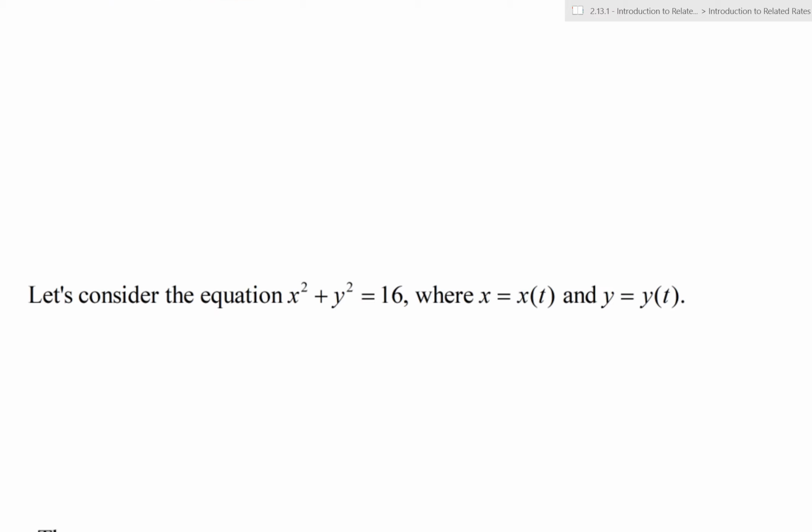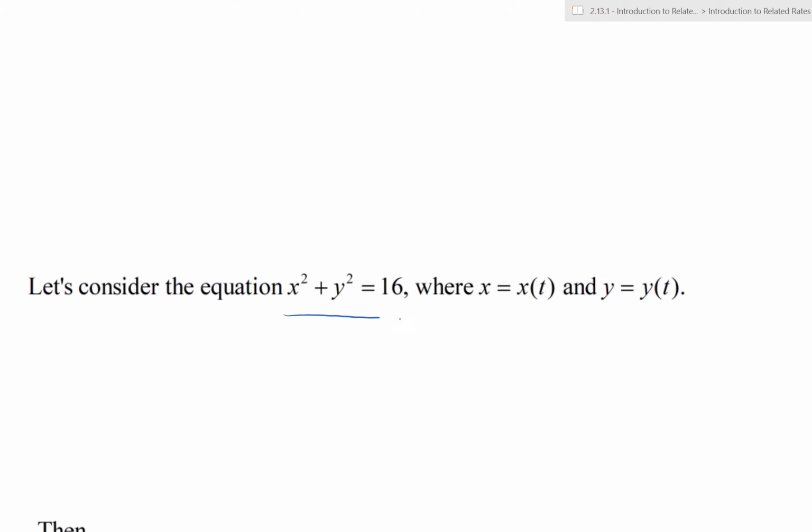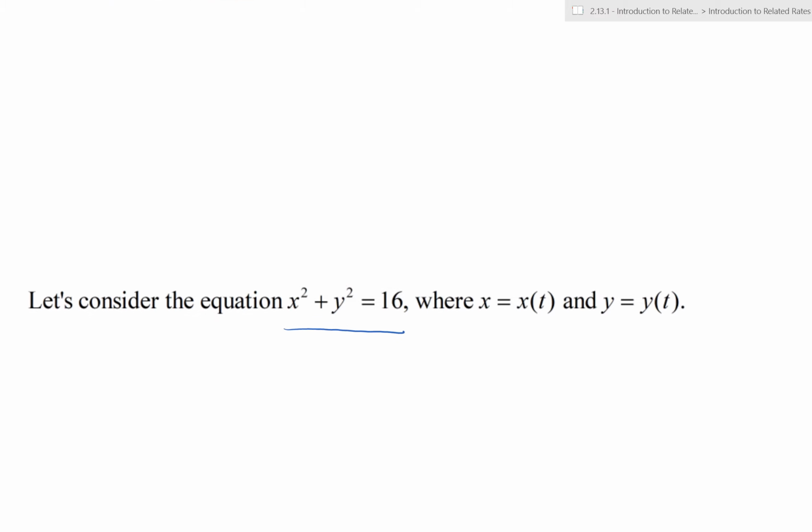Let's just start by considering this equation: x squared plus y squared is 16. But we're also going to assume that x is a function of some variable t, and y is also a function of the variable t, kind of like parametric equations.